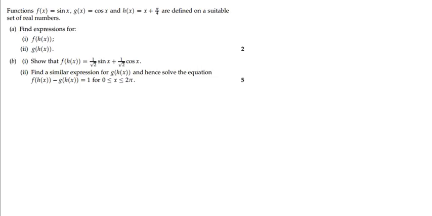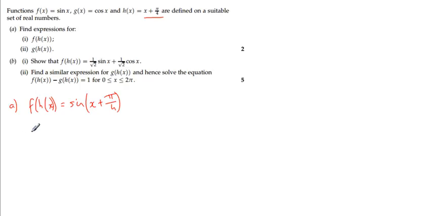Okay, so similar to one we completed earlier on, part A, f of h of x, we are putting h of x inside f of x, so that means that h of x is going to be put in here instead of x, so it's going to be sine of x plus pi over 4.